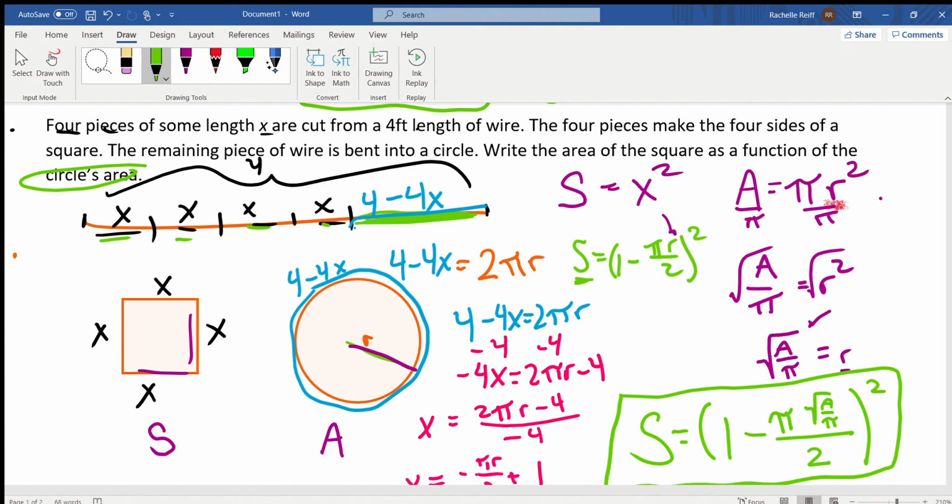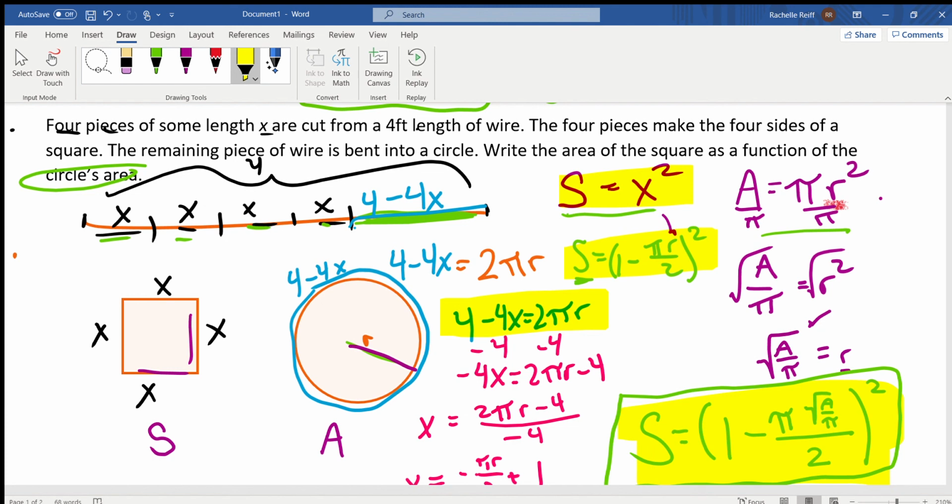Basically, as a wrap-up, all we did, I just wrote out the area of the square, the area of the circle, and then I found how x and r are related so that I could keep changing it until it had just A as a variable.